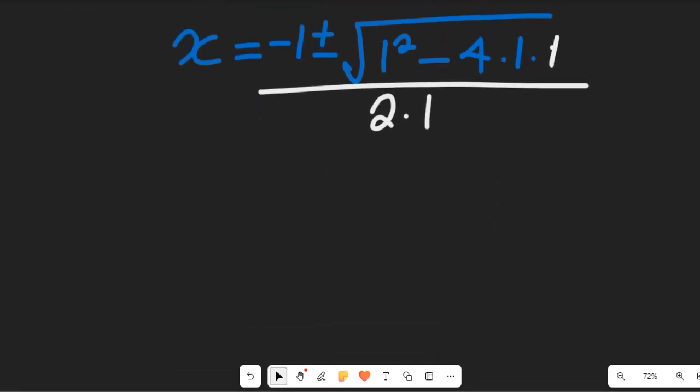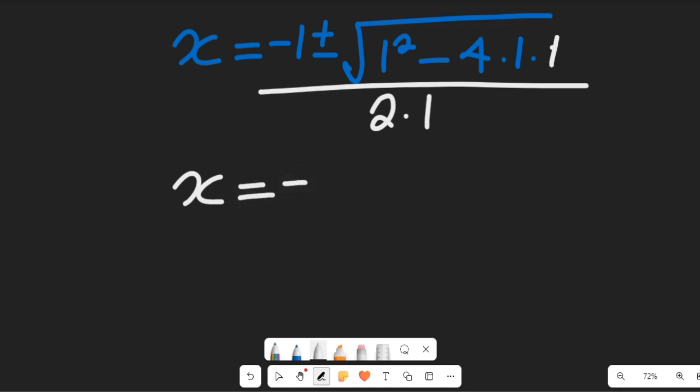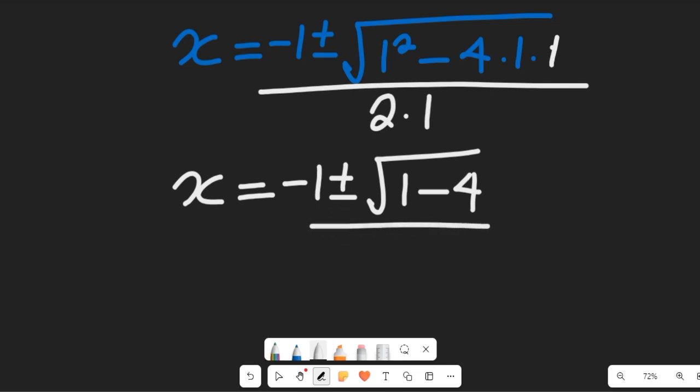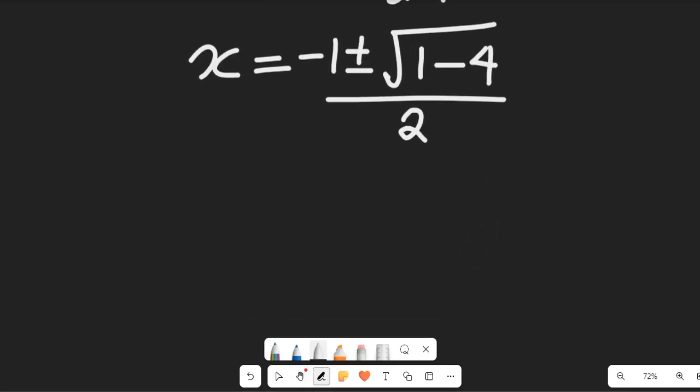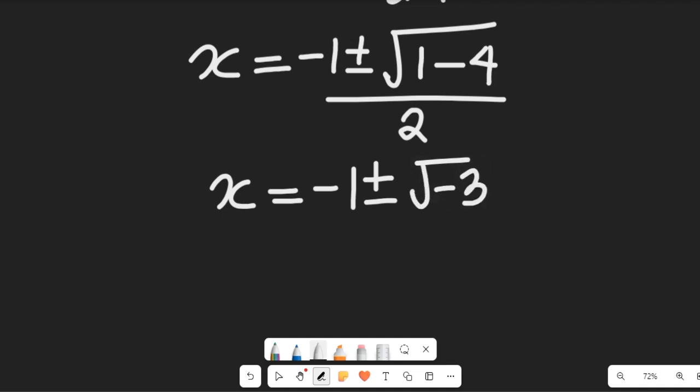So x equals negative 1 plus or minus the square root of 1 minus 4, which gives us negative 3, divided by 2 times 1, which is 2.